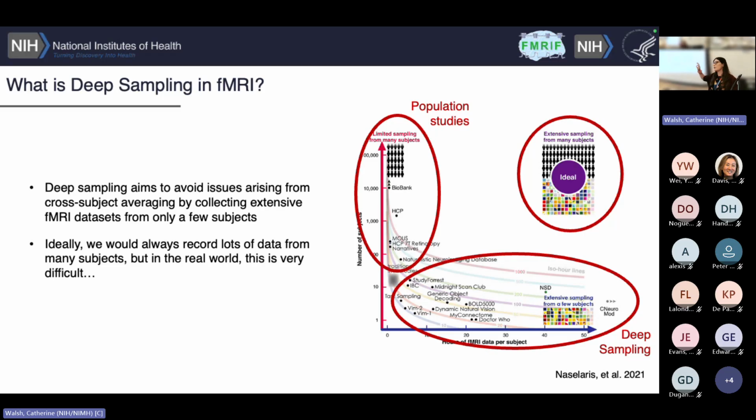I'm not actually going to go over it very much, but it has an insane amount of data. I don't know, Dan, maybe you know a little bit better, but it's like dozens and dozens and dozens of hours for each subject. I think for one of their tasks, they just watched the entirety of Friends or something like that.